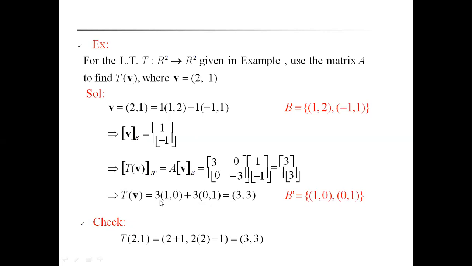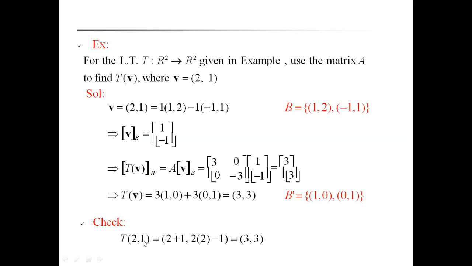That can be written as 3 times (1, 0) plus 3 times (0, 1). Therefore, T of V is a linear combination of the vectors of B dash. So T of V is equal to (3, 3).